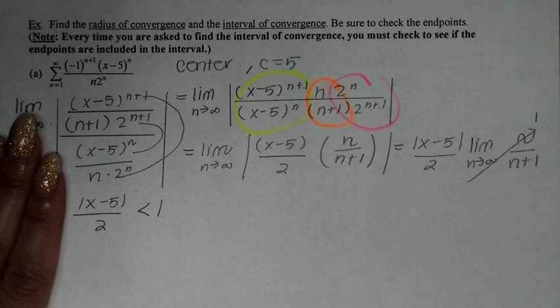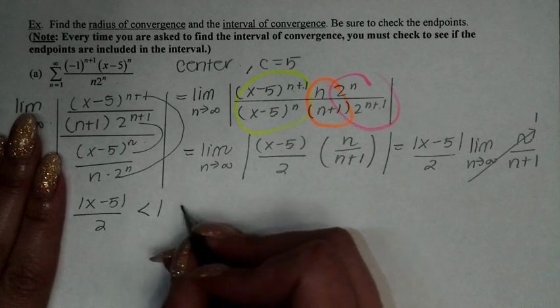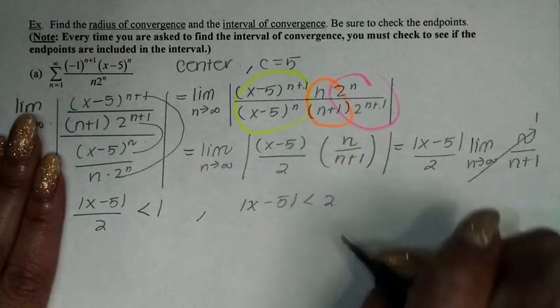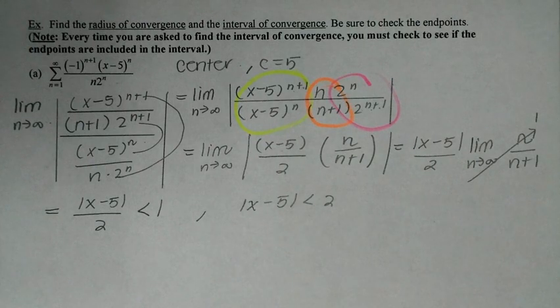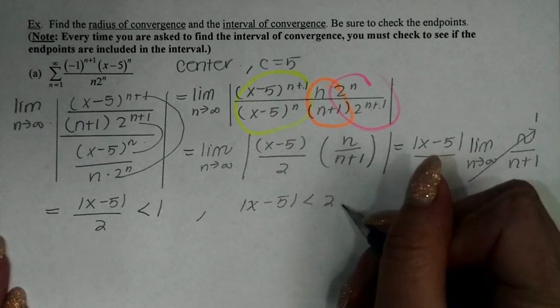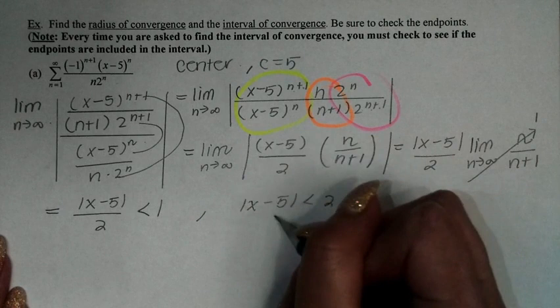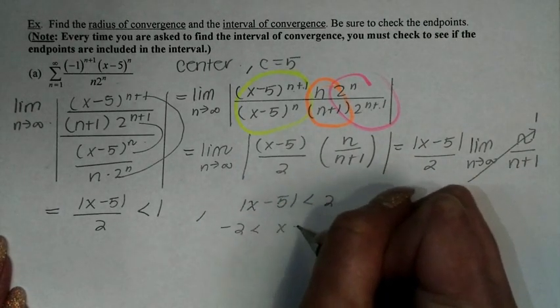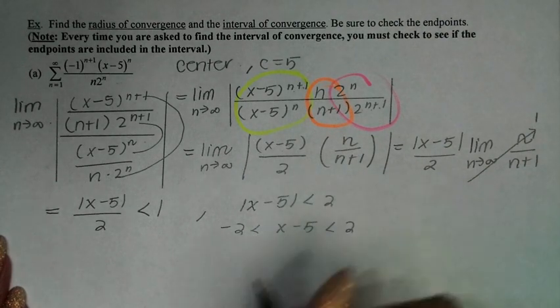This is pretty much an algebra 2 problem, as you can see. So we multiplied the 2 to the other side. So our problem now is solving this inequality. Do you agree with that? So let's solve that inequality so you can see that it's not that bad. To remove the absolute value, if you forgot from algebra 2, don't worry, I'll refresh your memory. You have a situation like this.